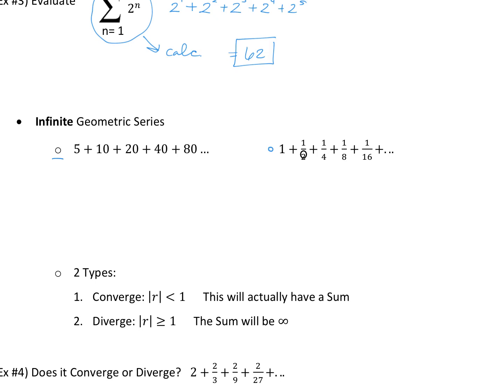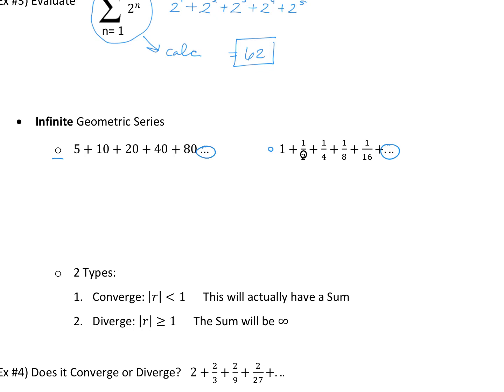Infinite geometric series. So geometric in that you're multiplying by the same thing every time, okay? Infinite because if there is a ... at the very end, that means this just keeps going, okay? Now let's think about that.